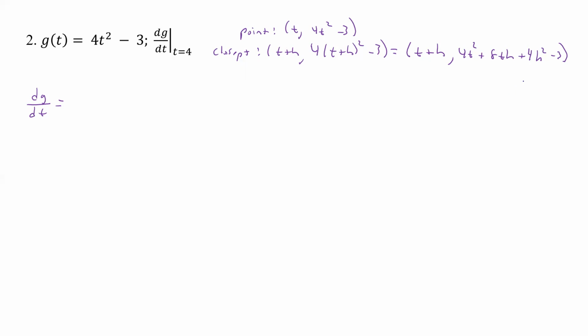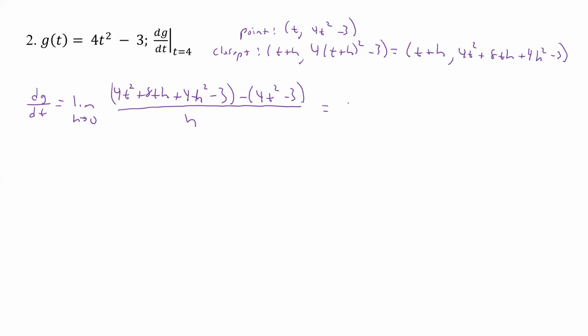And now what we can do is go ahead and plug all that in. And so now we're at this point. So this is the limit as h goes to 0 of 4t squared plus 8th plus 4h squared minus 3. And then we have another thing. So then we'll say minus, and then 4t squared minus 3. And again, that's all over just a single h.